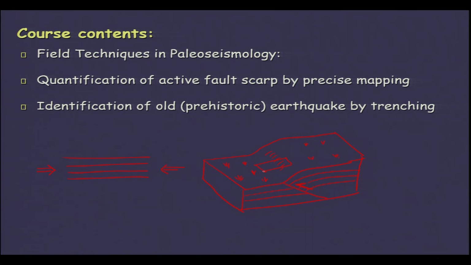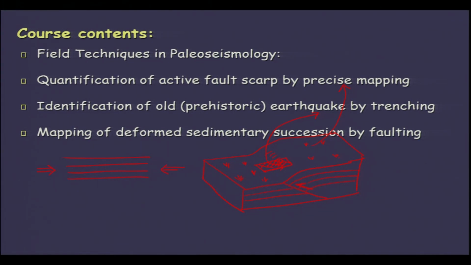Okay. So this is what we will be doing in terms of trenching and identifying the old earthquakes, and the signatures of those old earthquakes are preserved in sediments. Okay. So this is the part of the trenching, and then we will also be doing the precise mapping here.